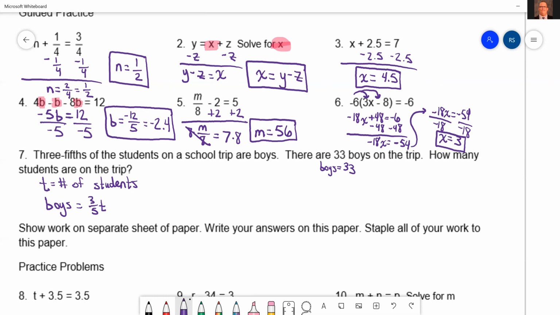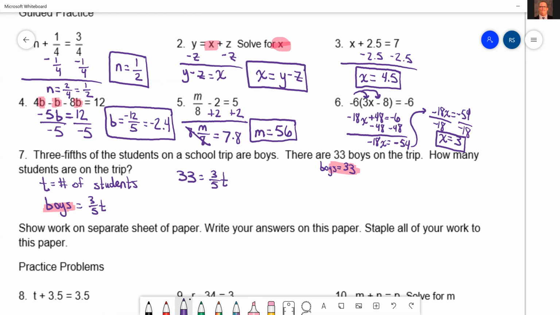They want us to solve for T. Well, we know boys in this equation right here. Boys are 33. So our equation to solve is 33 equals 3/5 T.